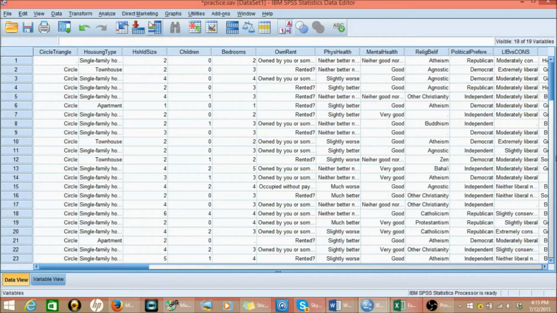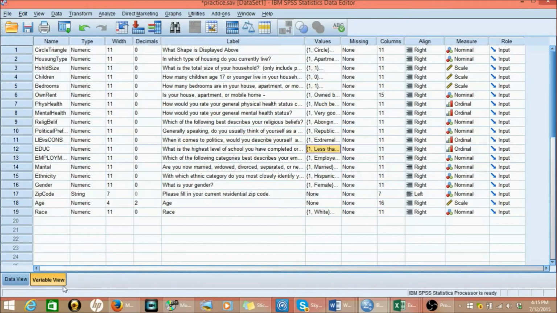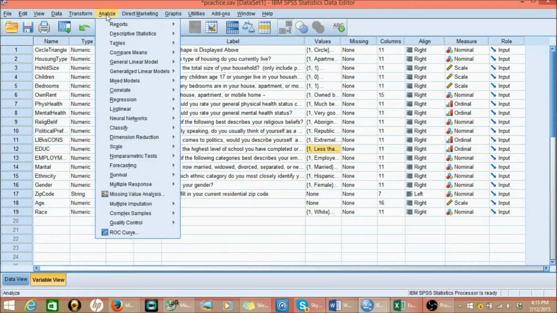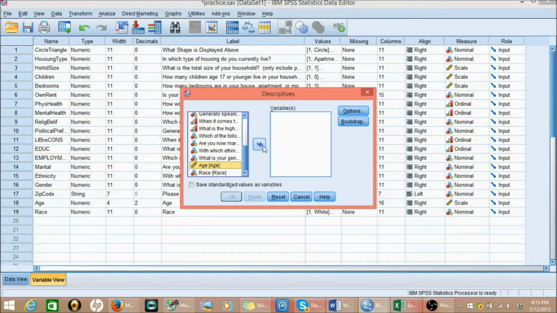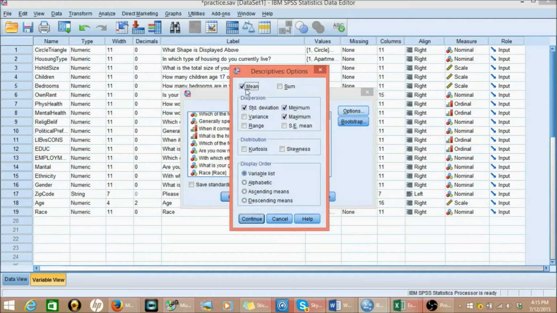So let's run some descriptives. I'm going to go back to my variable view and run some descriptives. I'm going to go to Analyze, Descriptives, Descriptives. Actually, I think we should do age. Let's look at our options.